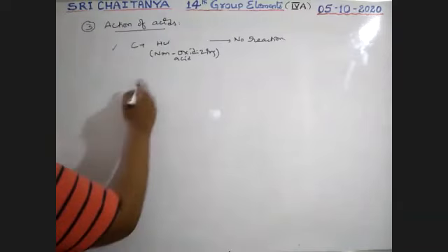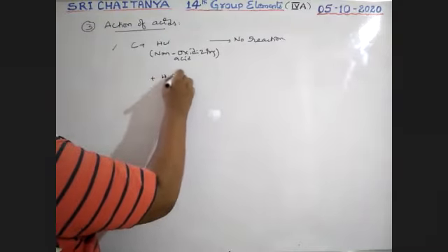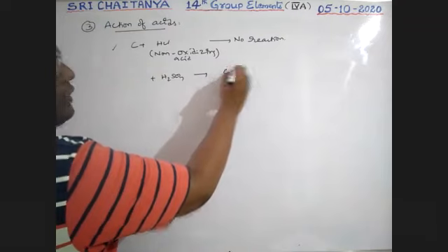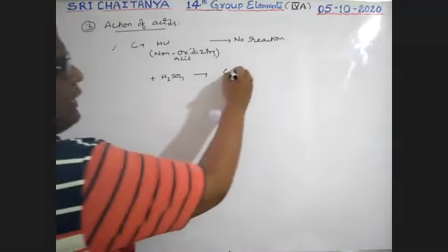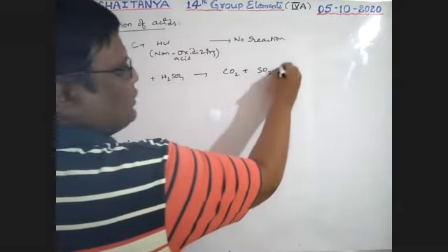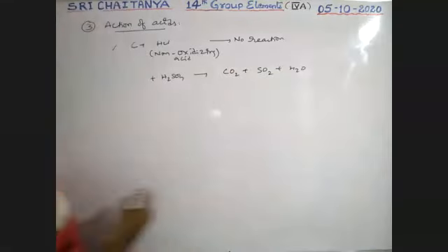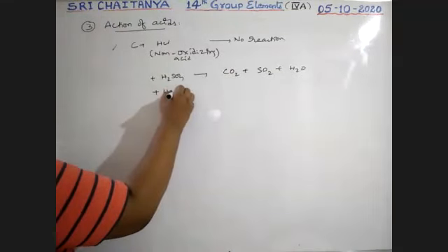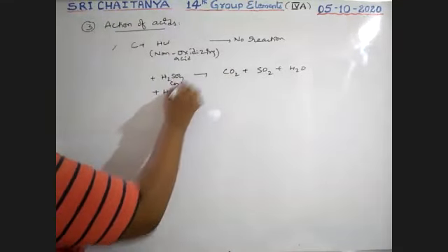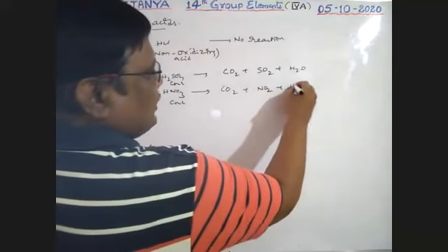Carbon with H2SO4, which is an oxidizing agent, gives carbon dioxide plus SO2 gas plus H2O. Similarly, it reacts with concentrated HNO3. That gives carbon dioxide and NO2 gas plus H2O.